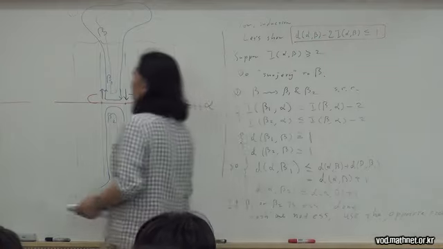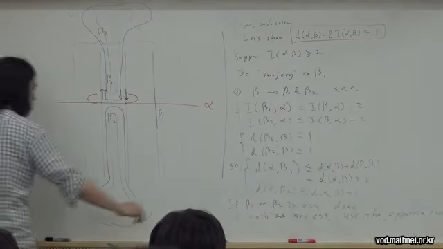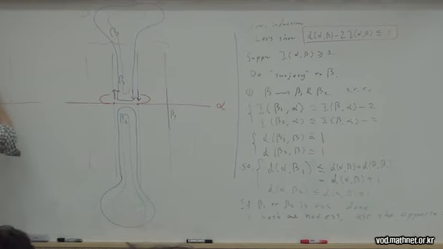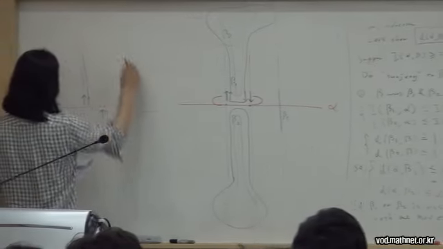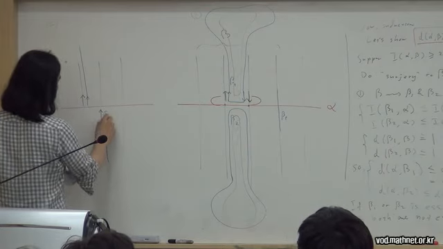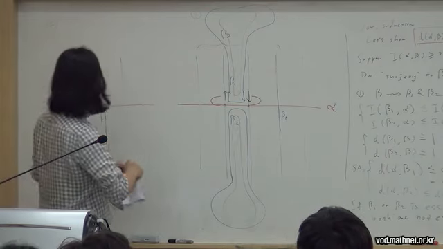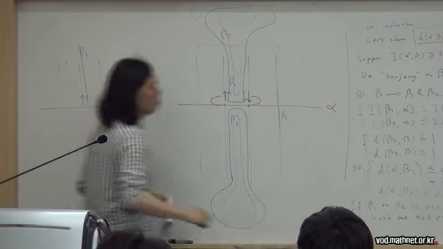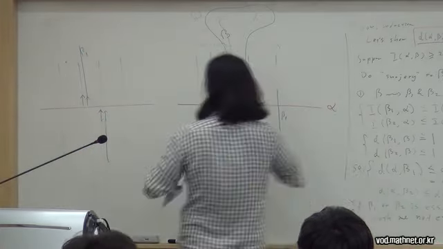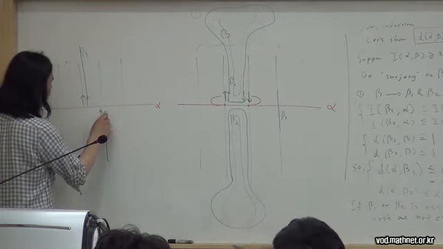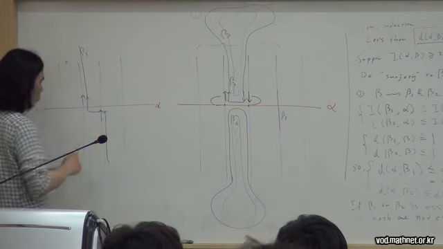Case 1 is done. How about case 2? Case 2, again I produce two things that you hit on and then come back in this way. Okay? And now I can't make this new curve beta 1 disjoint from alpha. But still it's a little bit better because I do this.